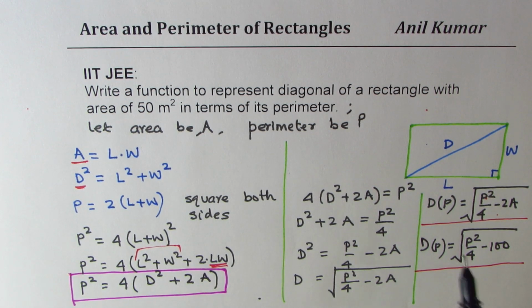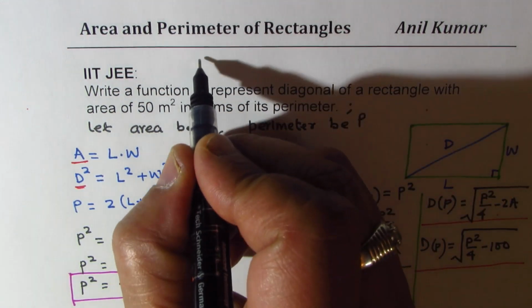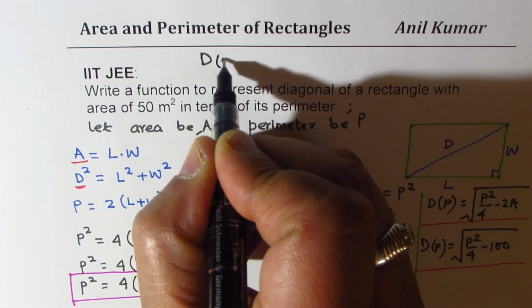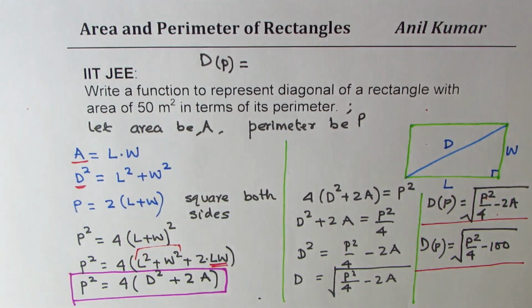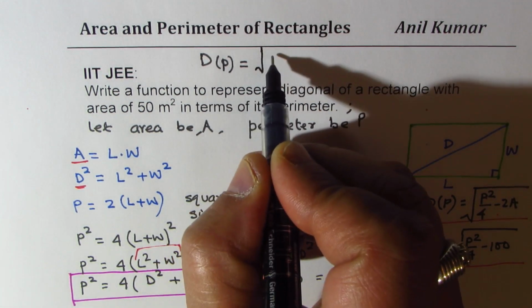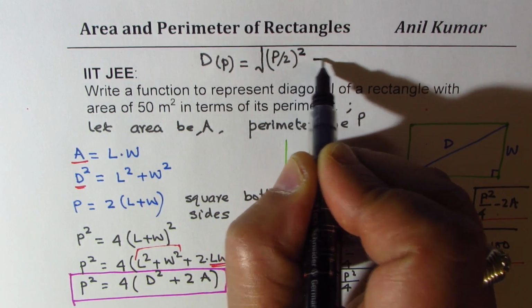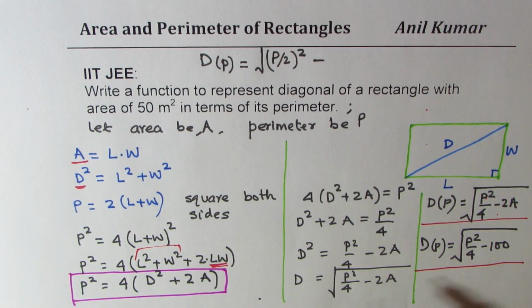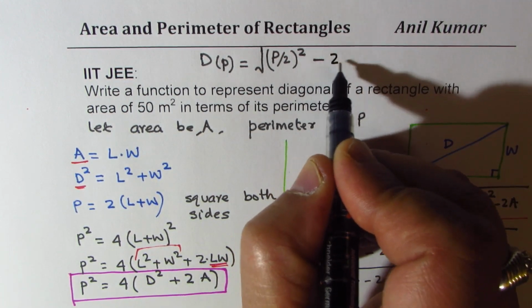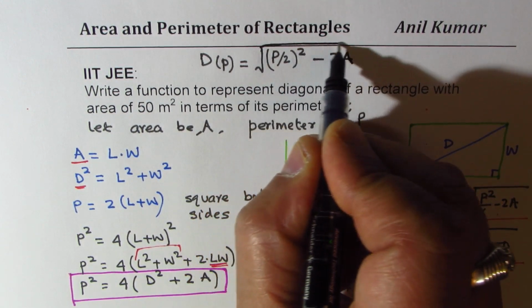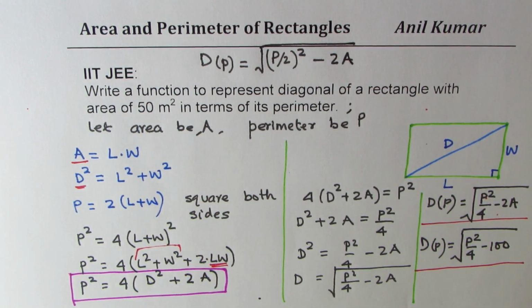Or in another way, I could write this as the square root of half of perimeter square minus twice area. Do you get the idea, right? So let me write down here that the diagonal of any rectangle could be written as the square root of half of perimeter square minus twice area. So that is the formula.